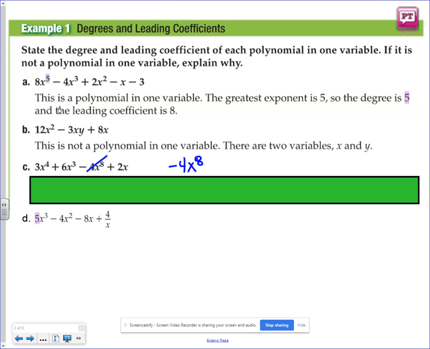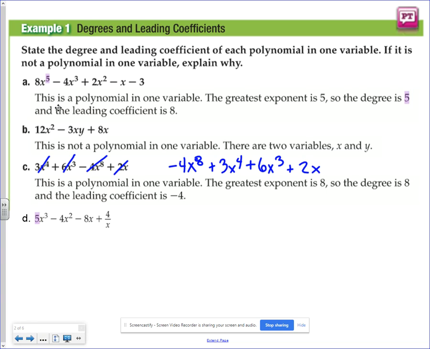We have 4. So plus 3x to the 4. After 4, we have 3. We have 6x cubed. And then we got our 2x. So now we have it in standard form. So we can easily identify the degree and the leading coefficient.